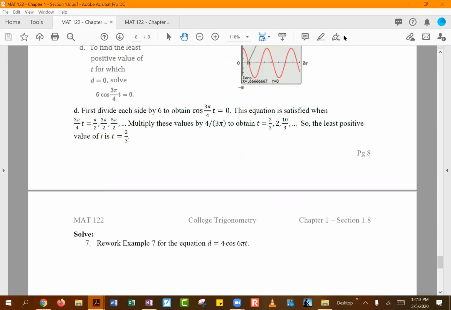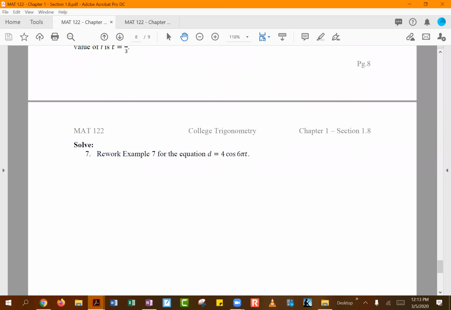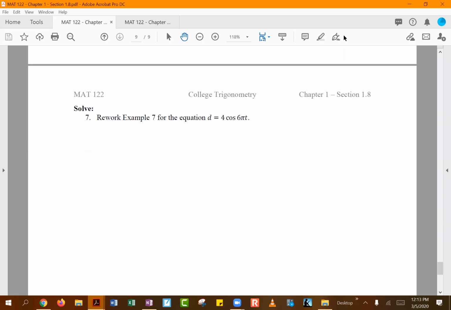Okay, so you are looking at a similar example here, but we're given d equals 4 times cosine of 6 pi over t. You're still answering parts A, B, C, and D that you did in example 7.